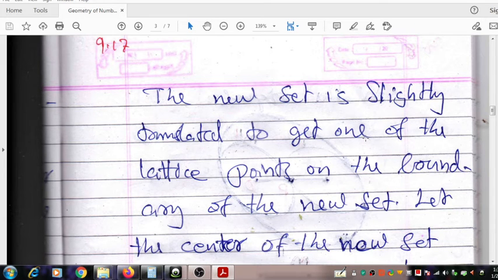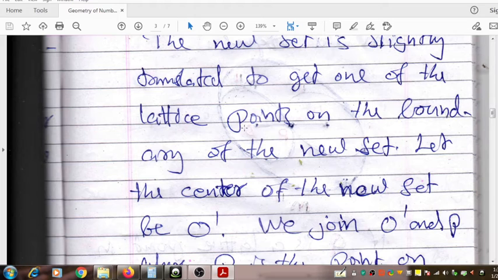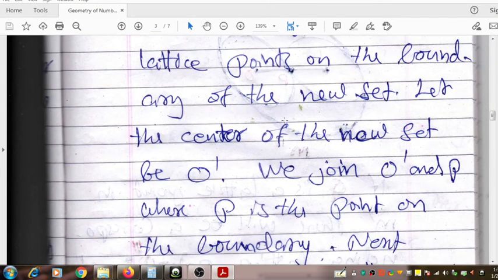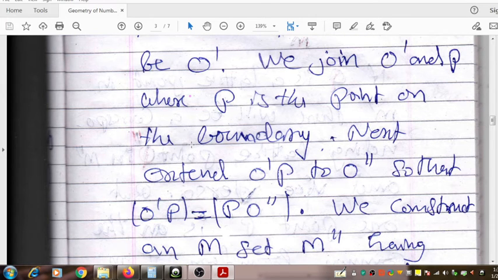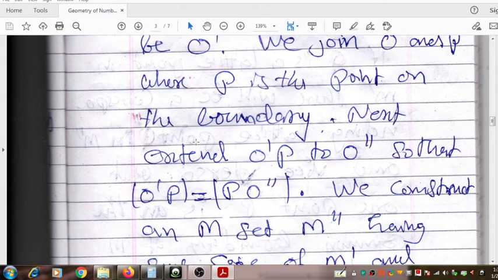The new M set is slightly translated to get one of the lattice points on its boundary. Let the center of the new set be O prime, and we join O prime to P, where P is the lattice point on the boundary.